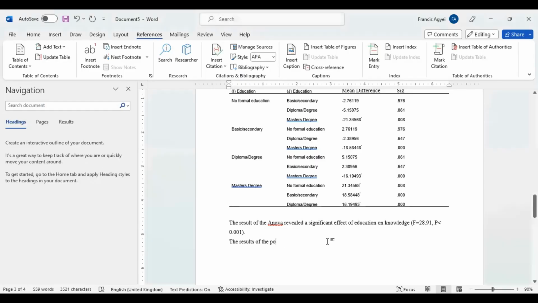So this is how you interpret the ANOVA table, the post hoc, sorry.